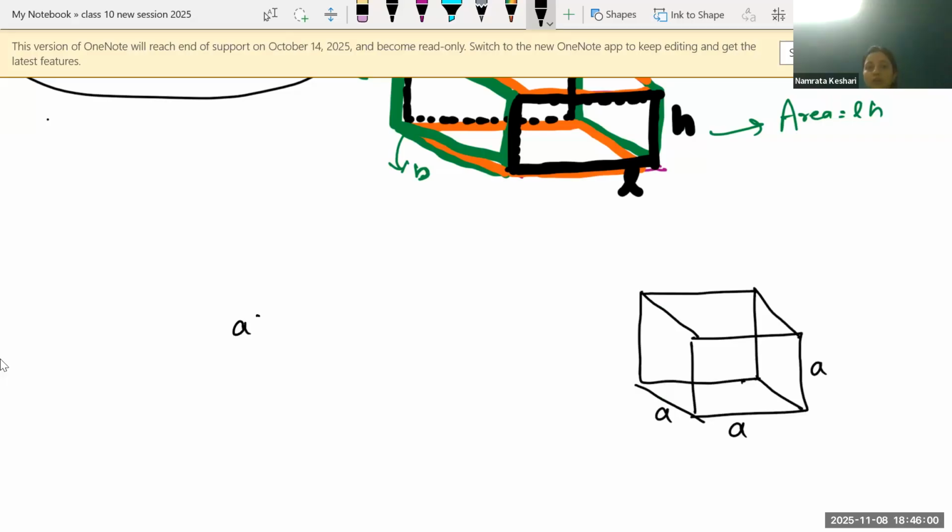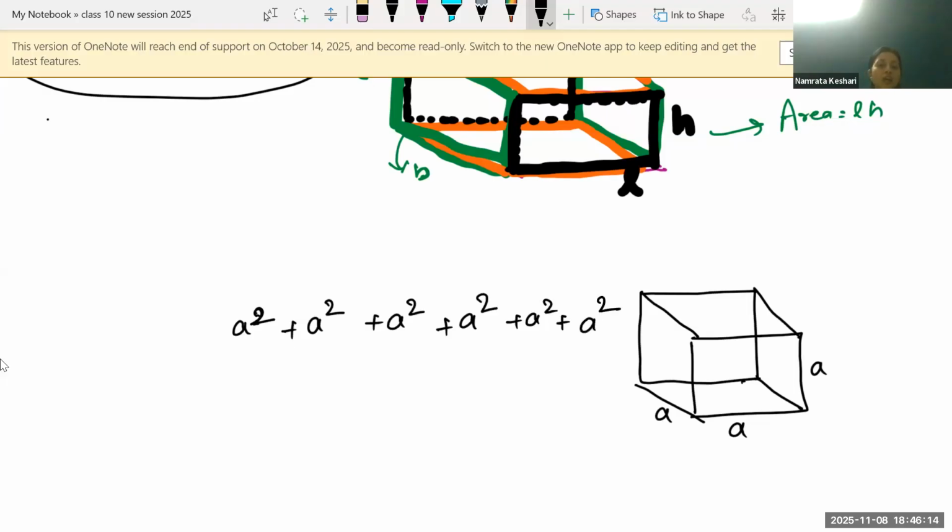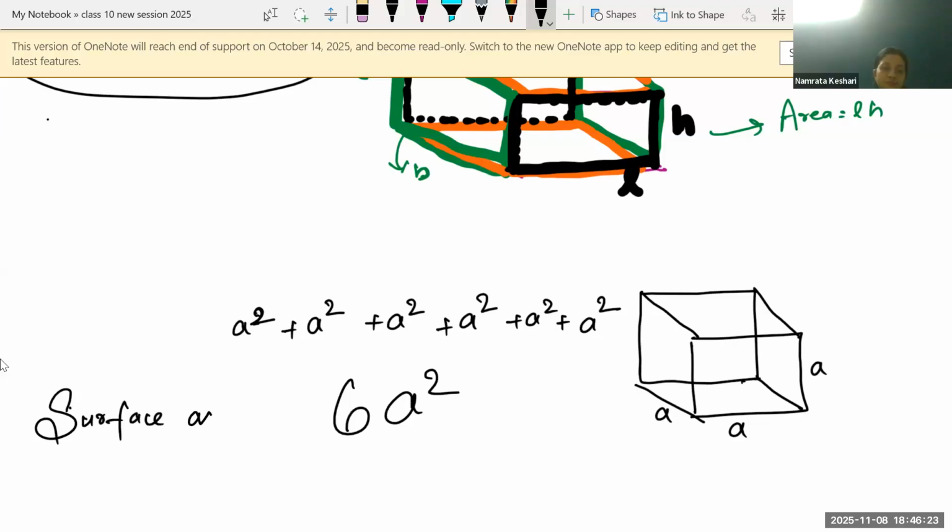The bottom is a square sheet, area A square, the top is a square sheet A square, left is A square, right is A square, front is A square, the back is A square, and from here the surface area of the cube formula is 6A square. Yes or no? Yes, ma'am. Is it clear so far to everyone?